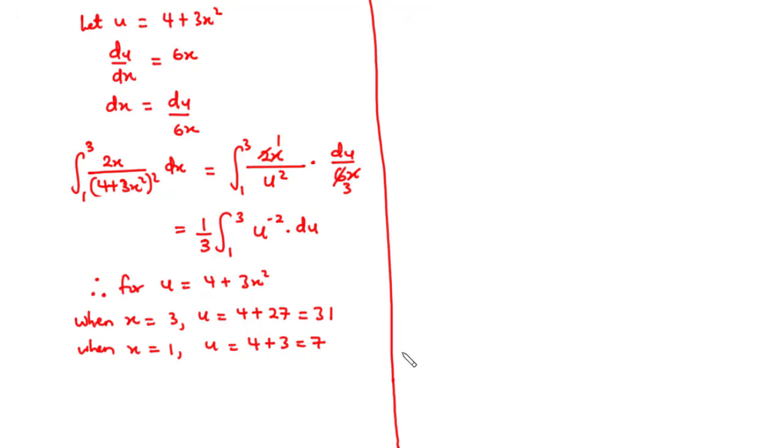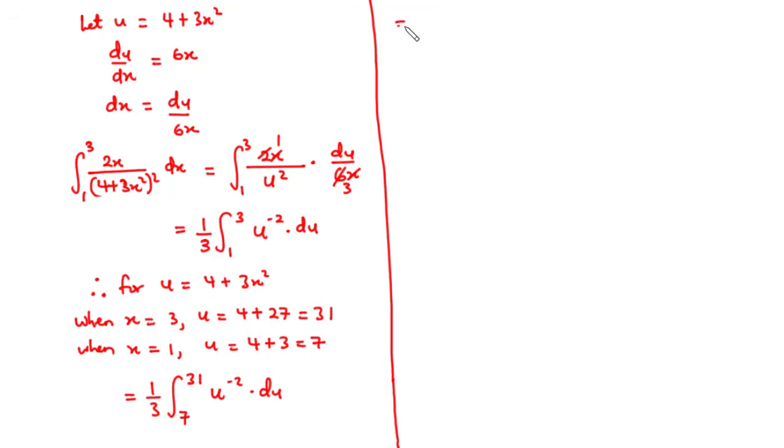Now let's plug in these values in place of 3 and then 1 respectively. So we have that to be equal to 1 over 3 on the outside. We have the integral from 7 to 31 of u to the power negative 2 du. Now we are going to integrate u to the power negative 2 with respect to u.